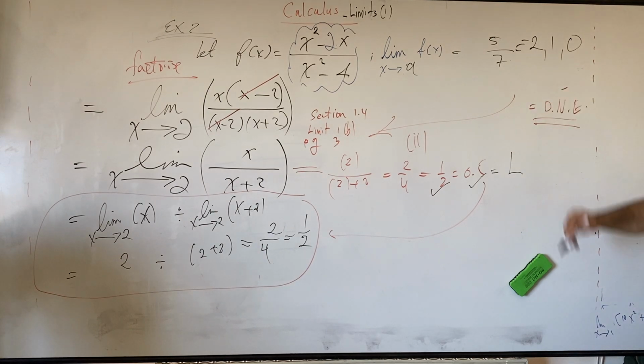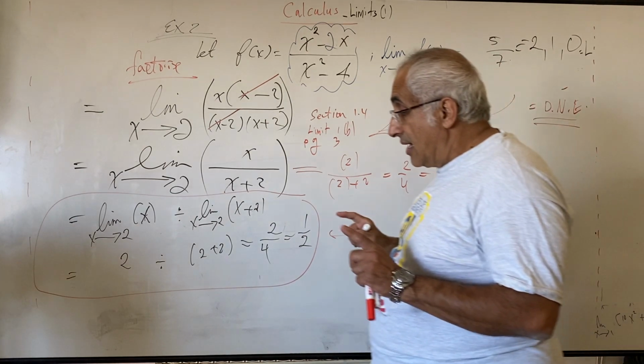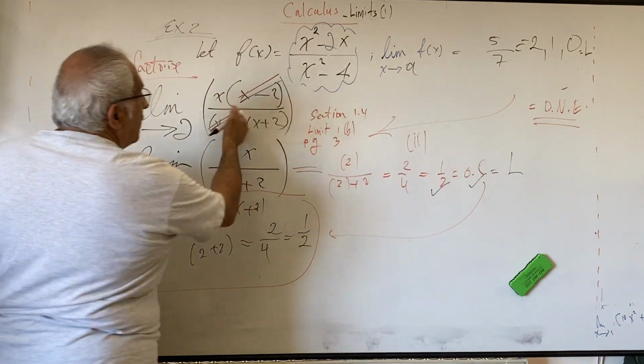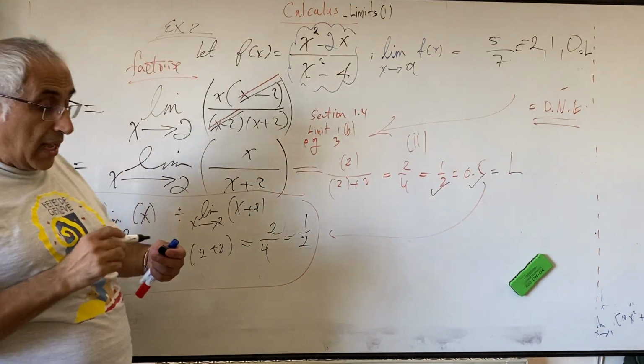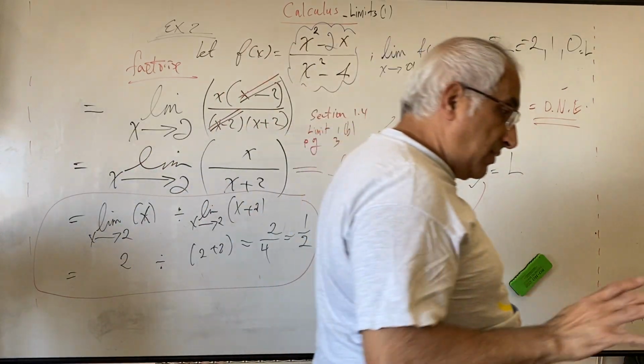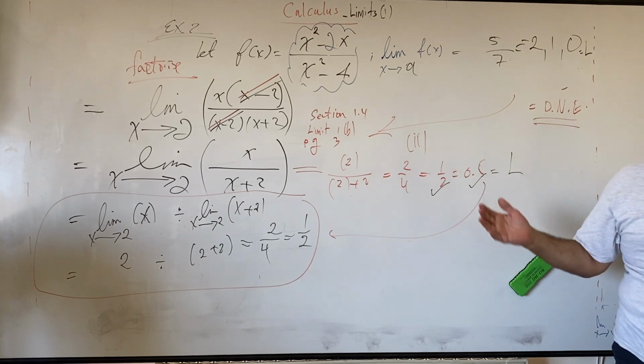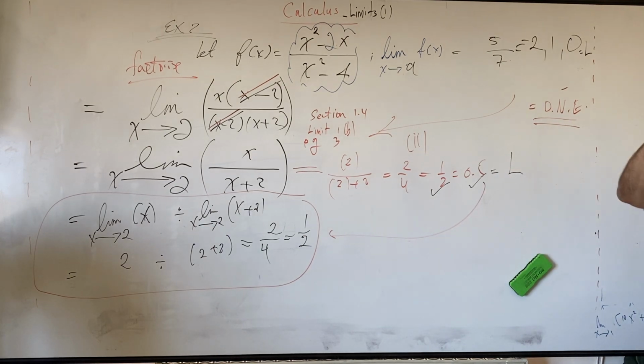So these are called L. But in case the limit does not exist, you have to factorize, cross the things that you done in factorization, whatever left, substitute in them, and if you got an answer, this is your limit. But some people say, but suppose I get again 0 in the denominator. Well, after that, no matter what you do, you should stop. It doesn't work. All right, gentlemen?